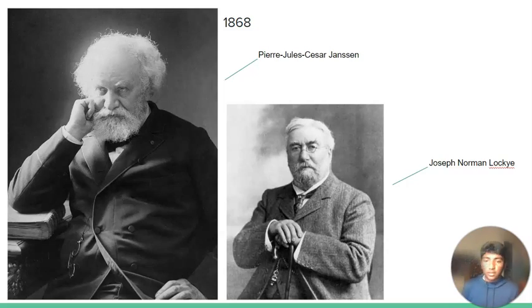However, that French astronomer thought it was sodium. So, technically, a man named Joseph Norman Lockyer saw the same line but recognized it as a different element and named it helium. But one of the downsides to this observation is that he thought it was a new kind of metal, not a gas, until we later discovered that helium was a gas.